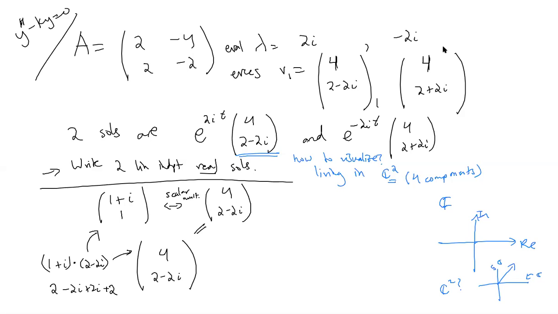It's a little confusing with complex numbers. It's hard to see whether they're scalar multiples. With real vectors, it's very easy to see when things are scalar multiples, but with complex numbers it's a little harder.